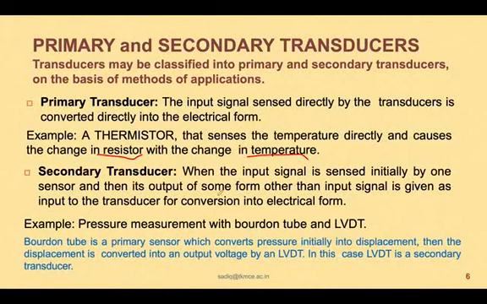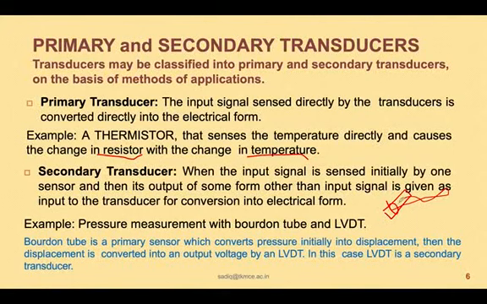That is called a secondary transducer. An example is pressure measurement with a Bourdon tube and an LVDT, linearly variable differential transformer. It is actually an electrical device where there is a moving core, and the core moves inside a coil.